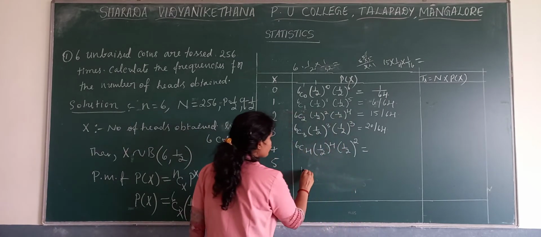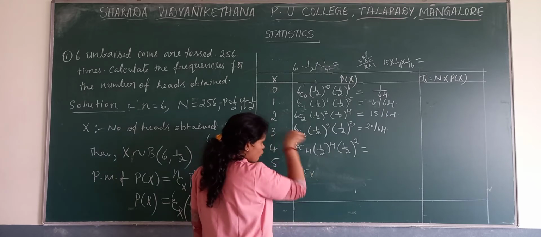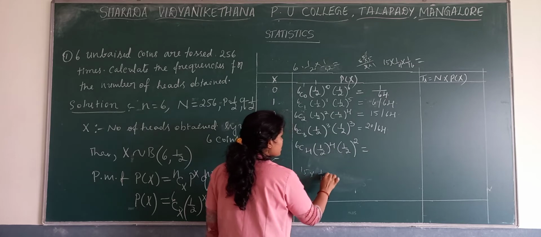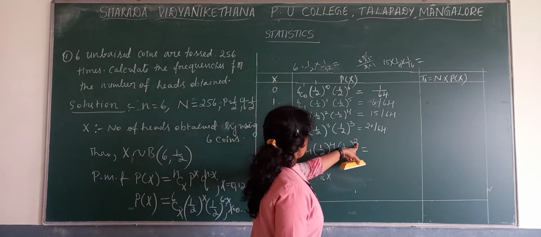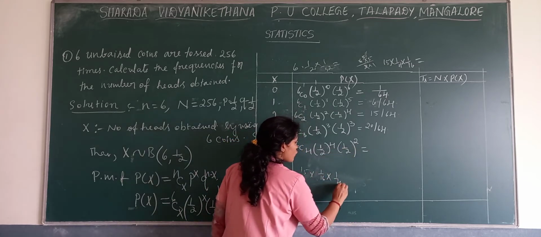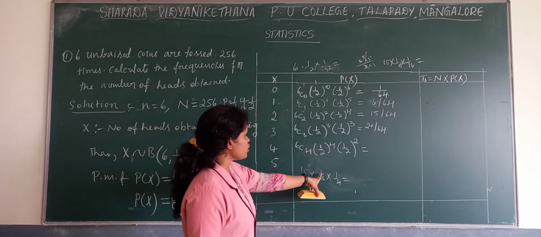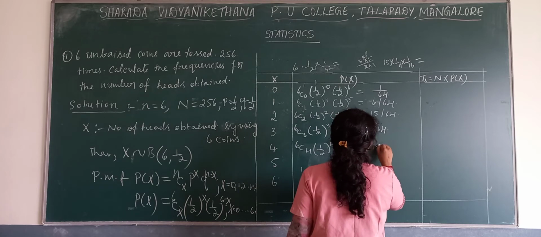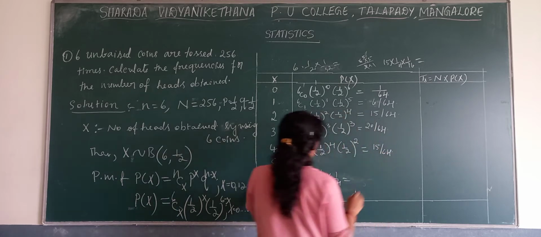So 15 into (1/2)^4, that is 1/16, into (1/2)^2, that is 1/4. When you multiply 15 into 1/16 into 1/4, we get 15/64.